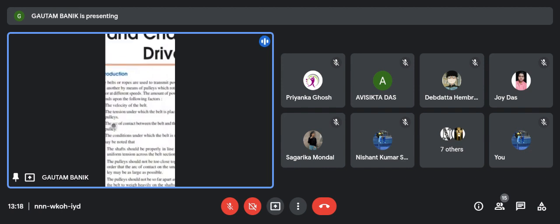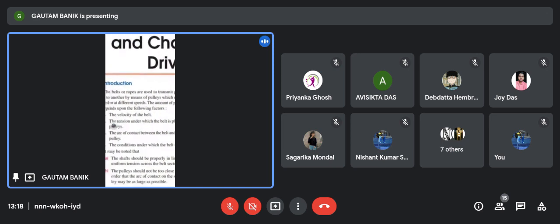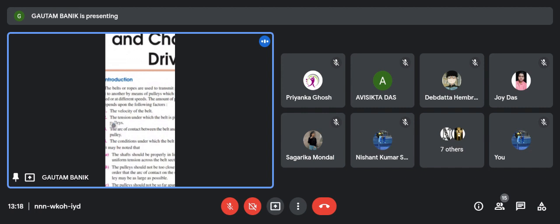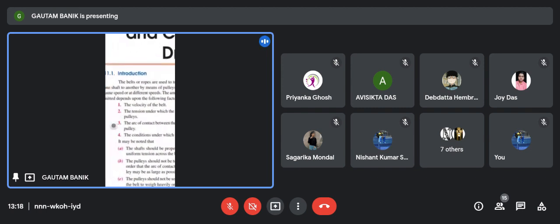Introduction of the belt drive. The belt is related to the pulley. When the pulley is rotating, the belt is fitted on the pulley, and then it transfers motion from one shaft to another shaft.